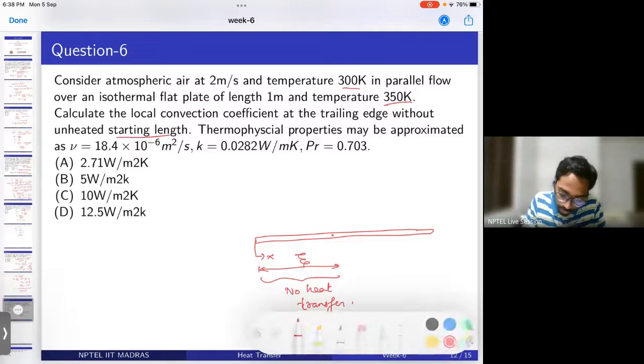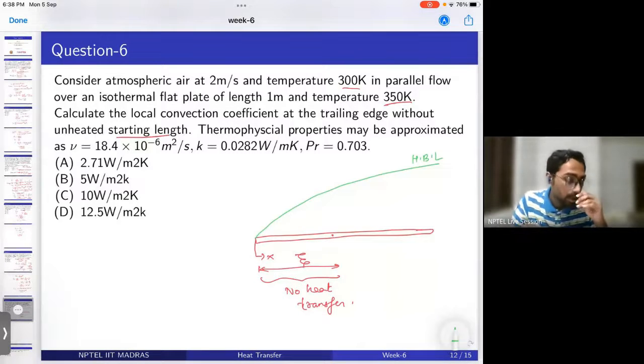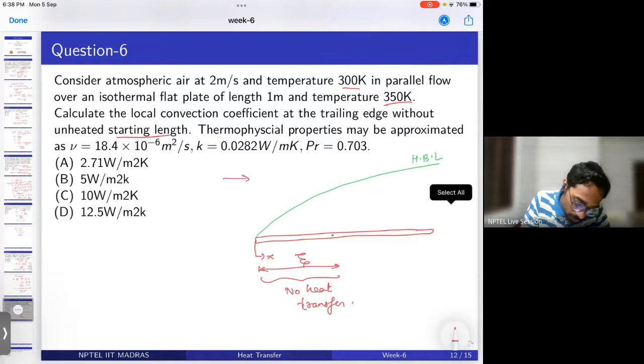So what happens is the momentum boundary layer, that is the hydrodynamic boundary layer, will grow from the leading edge itself, but this is T infinity. From this onwards it is Ts.